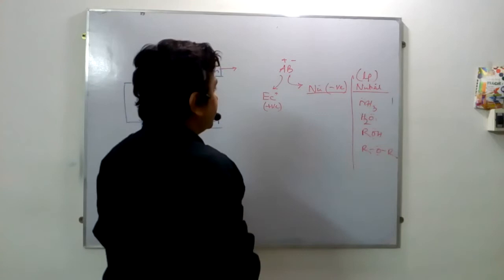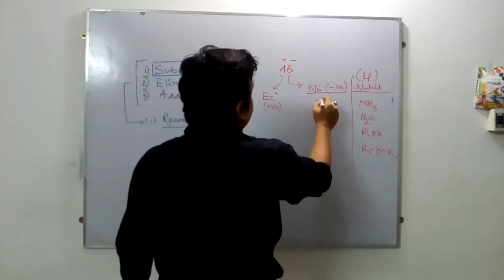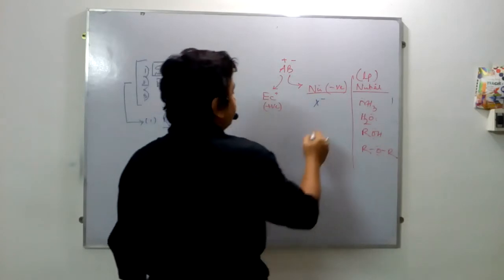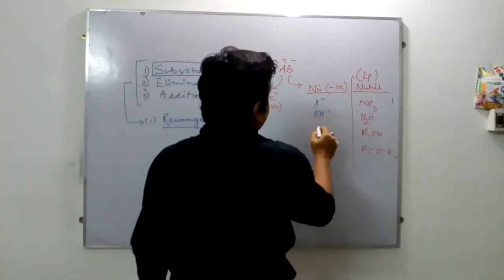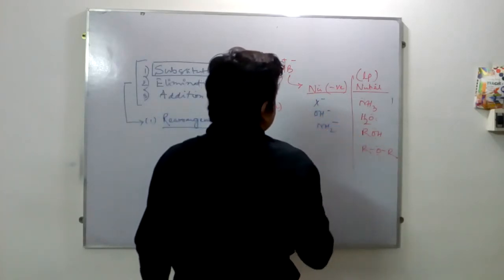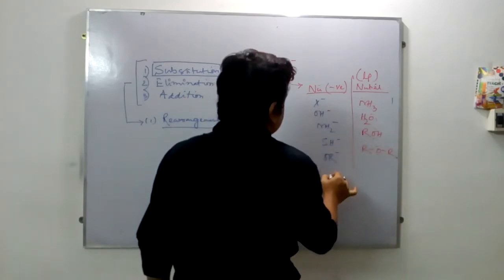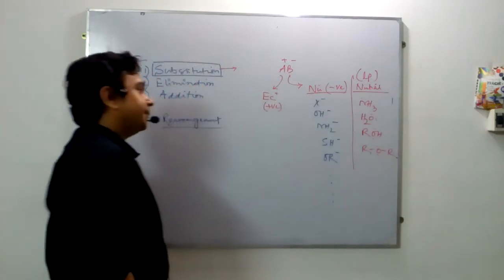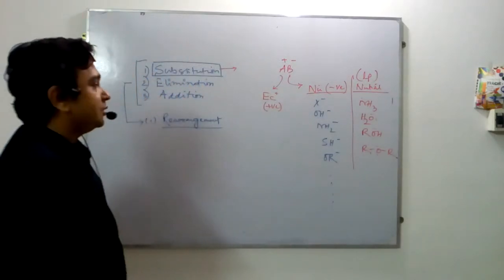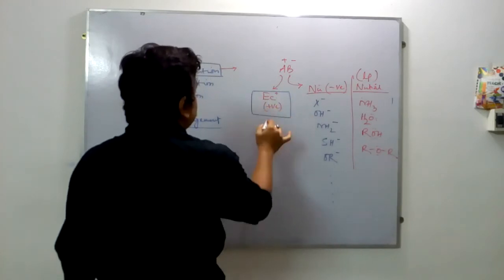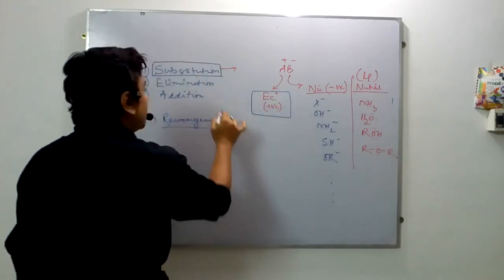And negative nucleophile is a long list of names. Any halides, I am terming these halides as X minus, hydroxyl, NH2 minus, SH minus, alkoxy, so many long lists are there. These are all negative nucleophiles. Now what about electrophile? This can also be either a positive charge holder or neutral.